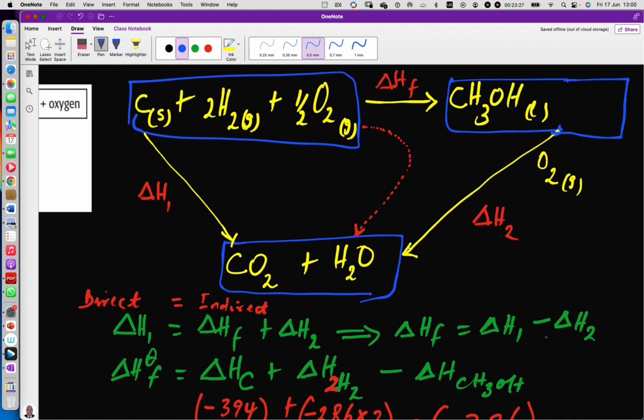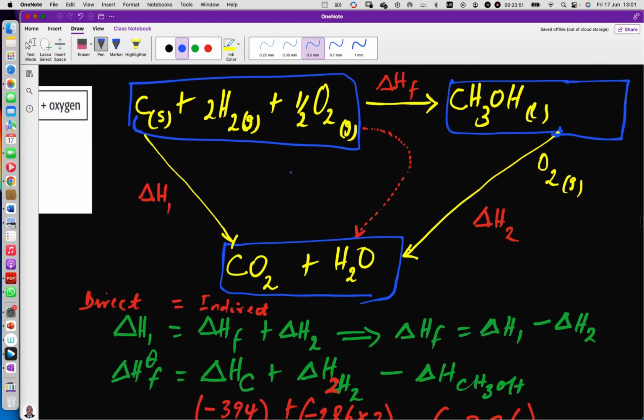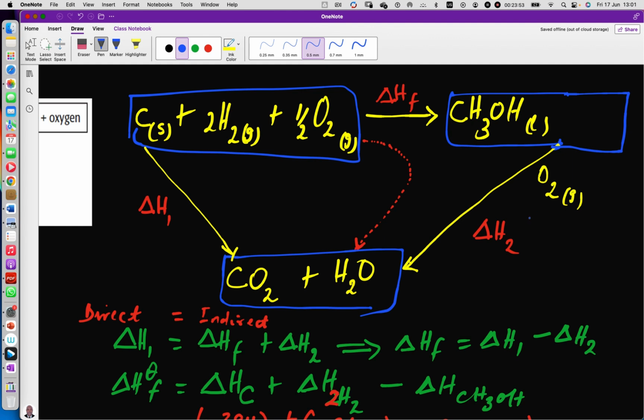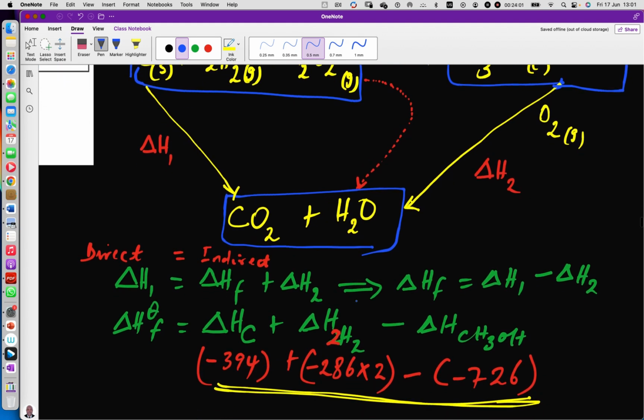Now that it is enthalpy 1 minus enthalpy 2, let's substitute our values. Enthalpy 1 will be the enthalpy of combustion for carbon and the enthalpy of combustion for hydrogen. Enthalpy 2 will be the enthalpy of combustion for methanol. Let's substitute our values and see.